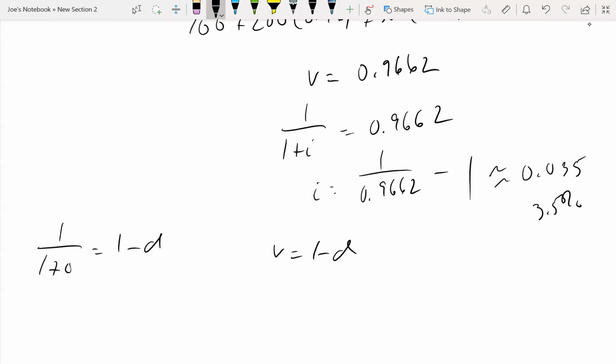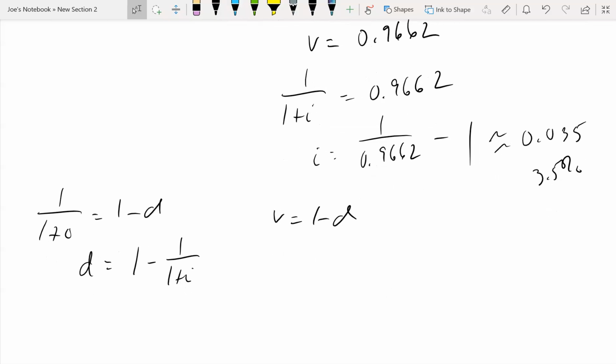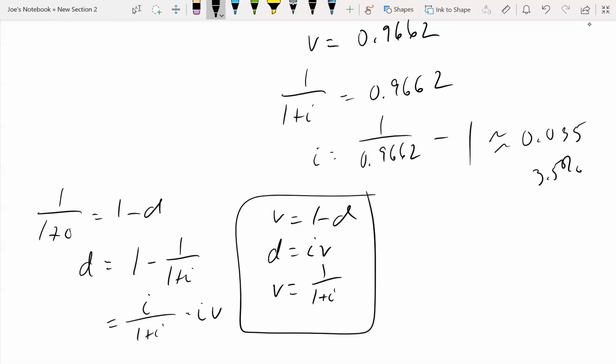So this one, if I go back over to the first equation over here, d is equal to 1 minus 1 over 1 plus I, or 1 minus v. But if you get a common denominator, you get I over 1 plus I, or I times v. So there's another conversion formula. So there's several of these little properties that can pop up.